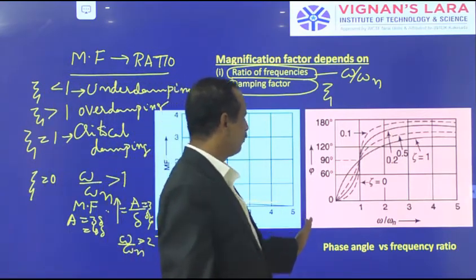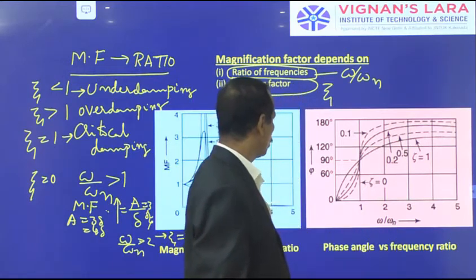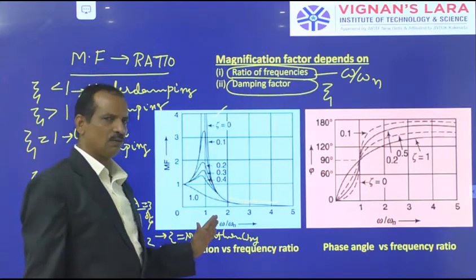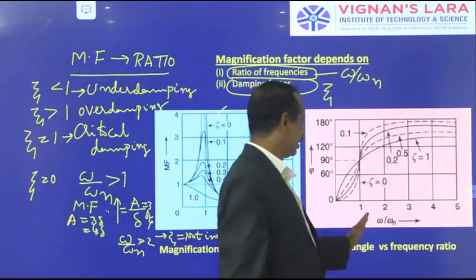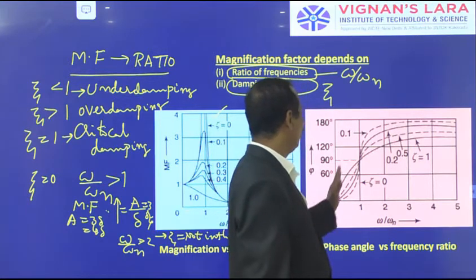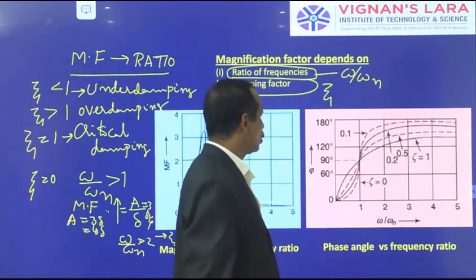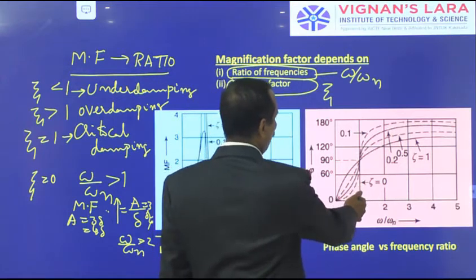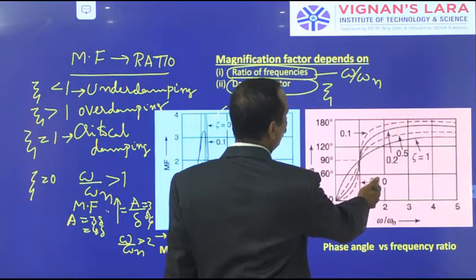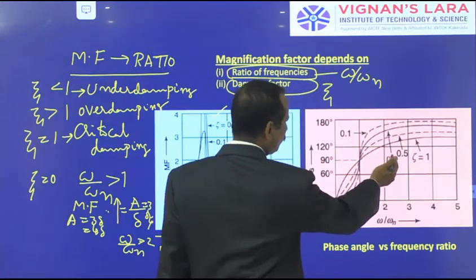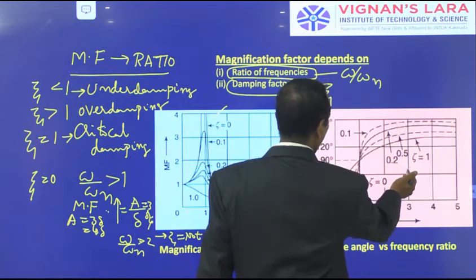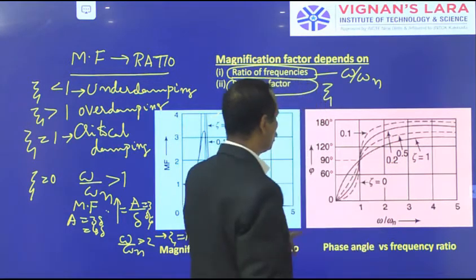And similarly, this is the phase angle versus frequency ratio. Here we have written the magnification versus omega by omega n, and here we have written the other part, omega by omega n versus phase angle with respect to zeta. You can see here also the values of zeta increasing: 0, 0.1, 0.2, 0.5, and 1.